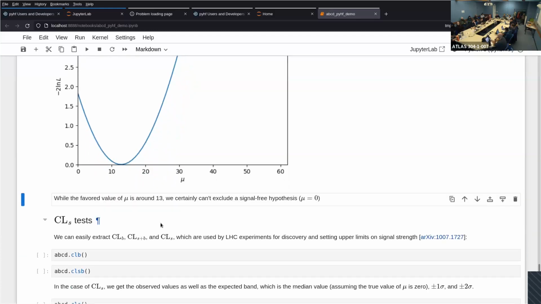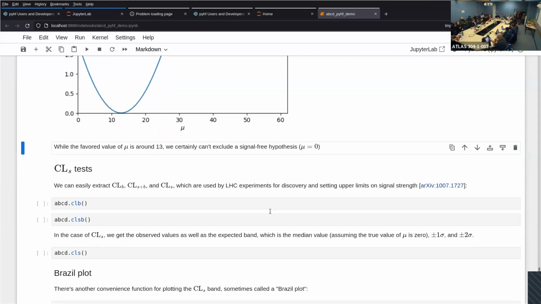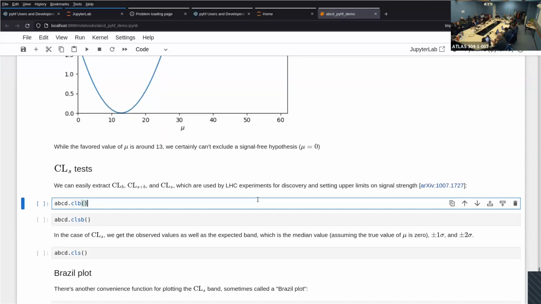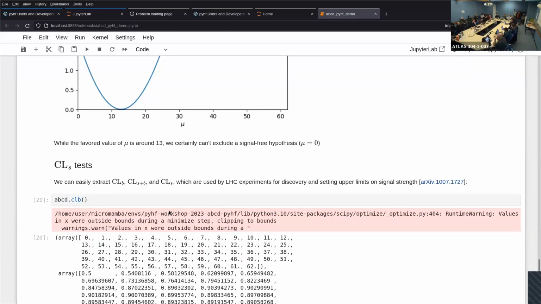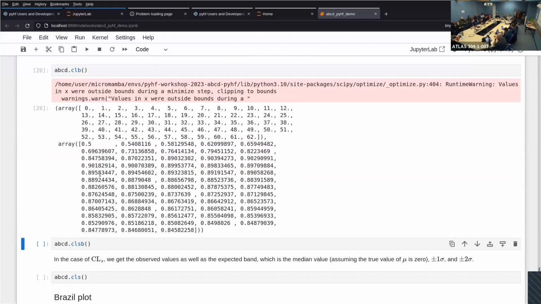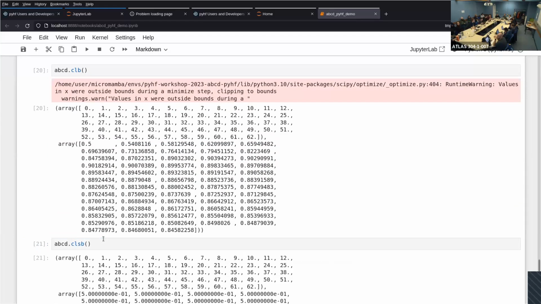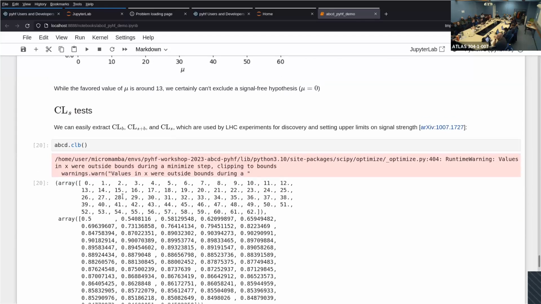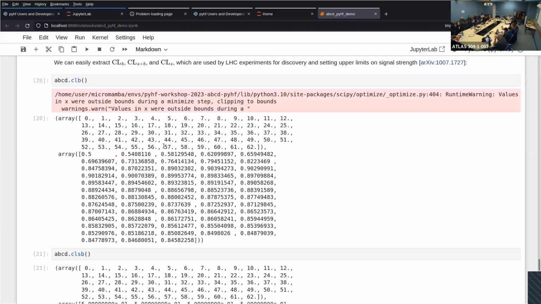So we can't exactly exclude the signal-free, background only hypothesis. In this case, we just set an upper limit on the signal strength. And then you can get the standard CLB and CLS plus B, things that come straight out of pyhf and are used in the CLS method.